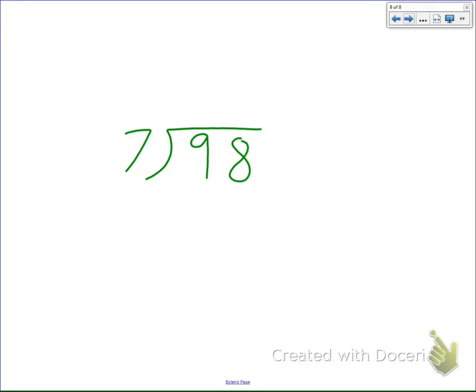Khalees. 7. We need to know our 7 times tables. Okay. So, what's the first step? Wonderful. How many 7s go into 9? It goes into it once, and what's the remainder? There is a 2 remainder.